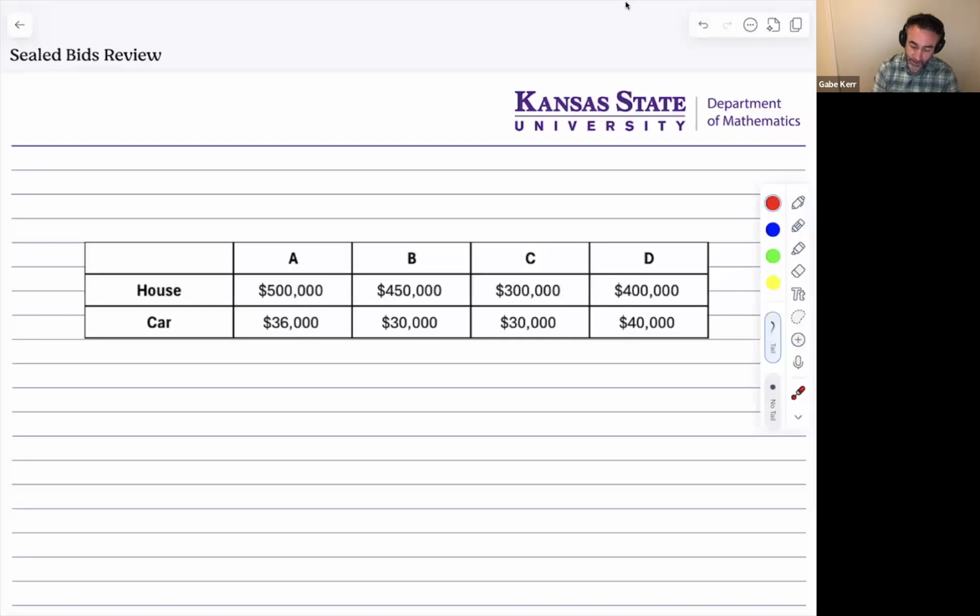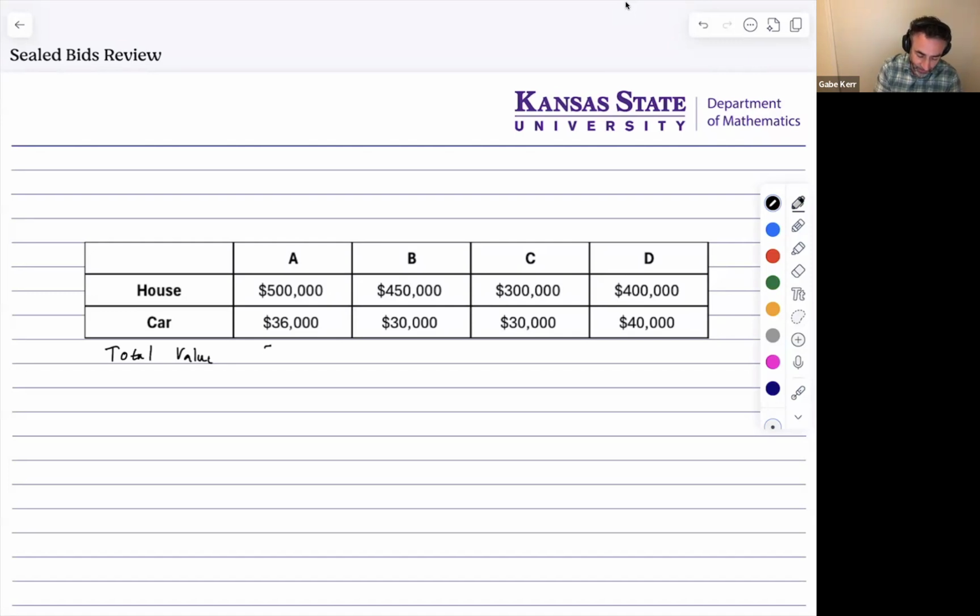So the first thing to do if you're handed a problem like this is to find the total value that each player has for the entire estate. So we'll make a third row here and call it total value. And we're just going to add up the values as they're given in the table here.